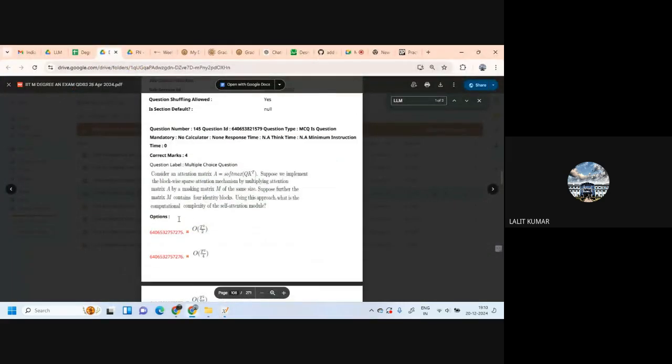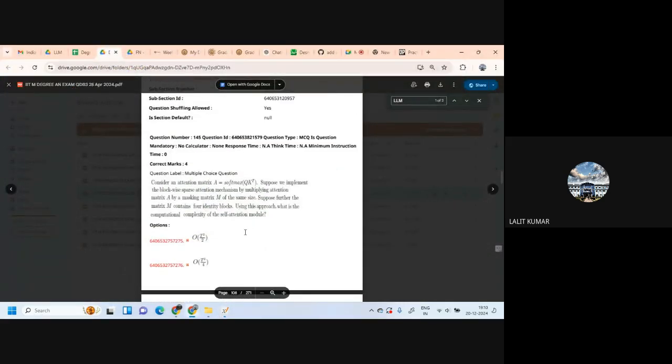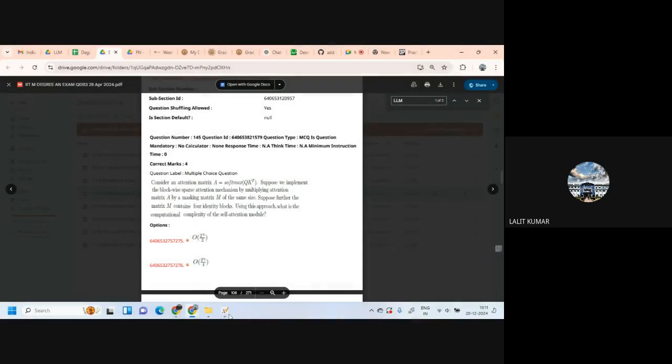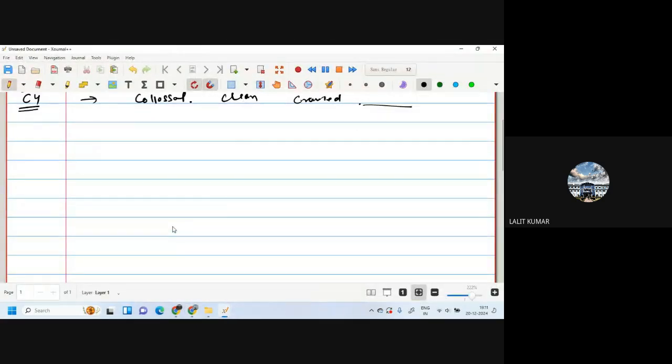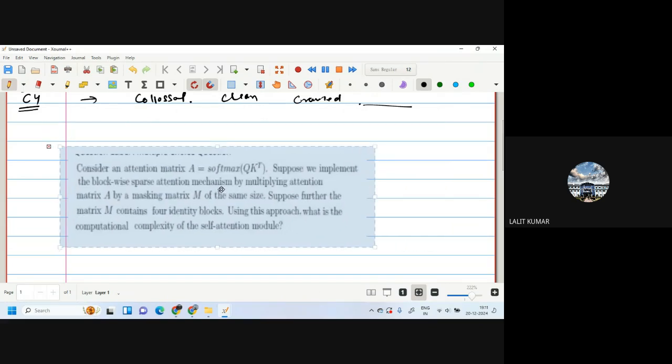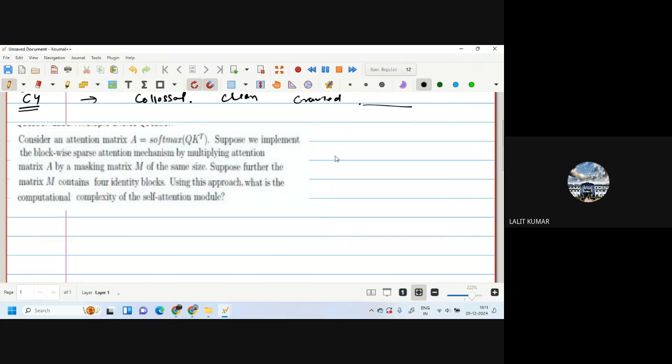Okay, so this is a simple question, and consider an attention matrix of this. We had discussion on the WhatsApp group also about how we found out. Suppose we implement a block-wise sparse attention mechanism by multiplying the attention matrix.